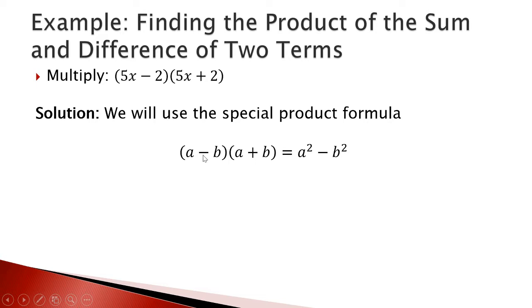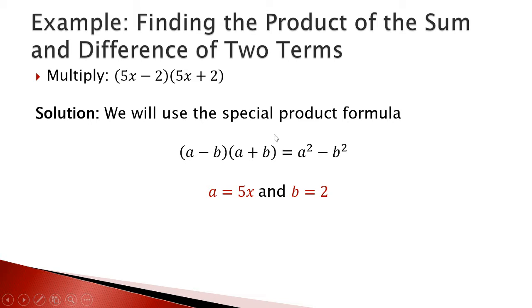Now we know that a minus b times a plus b is equal to a square minus b square. So in our example, our a is 5x and our b is 2.